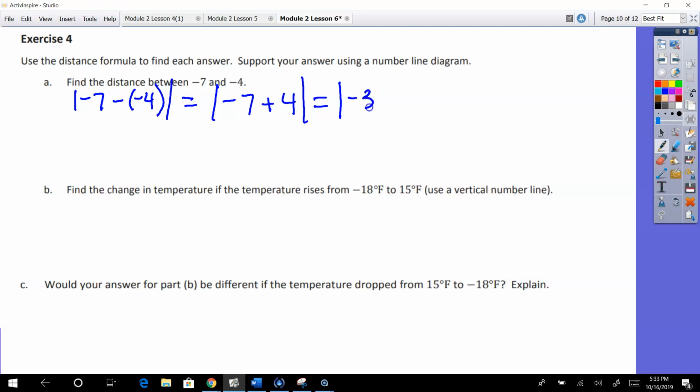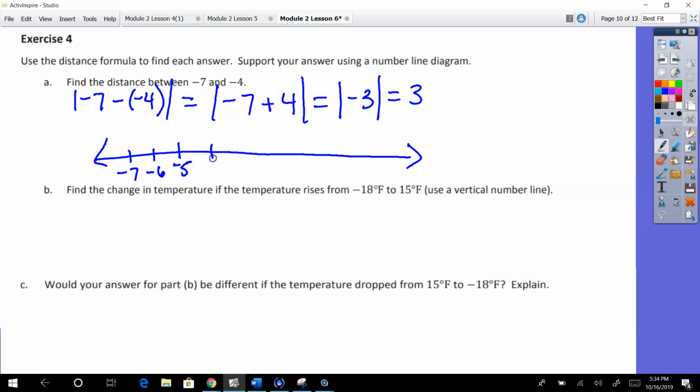Gives me negative 3. The absolute value of negative 3 is 3. Support your answer. You are at negative 7, 6, 5, 4, 3, 2, 1, 3.